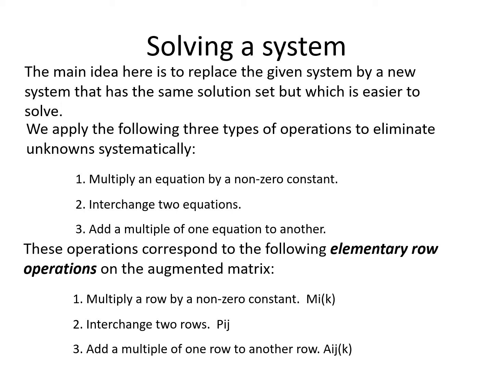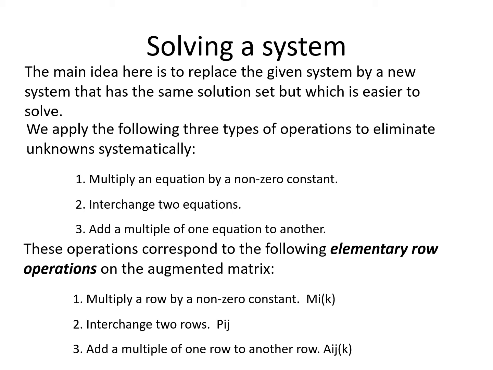These operations correspond to the following elementary row operations on the augmented matrix. So, multiply a row by a non-zero constant. It is the first elementary row operation, called the multiplicative row operation, and it may be written symbolically as M_i(k).